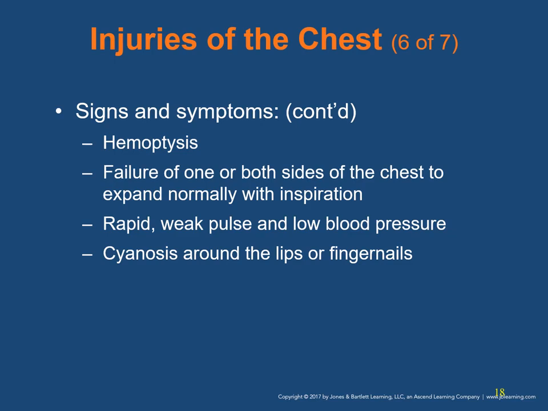Failure of one or both sides of the chest to expand normally with inhalation. Rapid, weak pulse and low blood pressure are principal signs of hypovolemic shock and can result from extensive bleeding of lacerated structures within the chest cavity. Cyanosis around the lips and fingernails is a sign of inadequate respiration. Immediate ventilation and oxygenation are required.